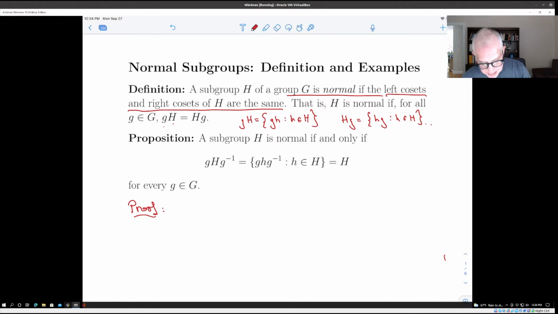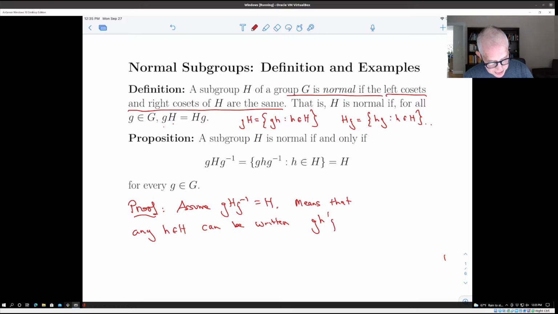What does it mean? Let's first assume that gHg inverse equals H. This means that any h in H can be written as gh'g inverse, and that's because H is contained in gHg inverse.